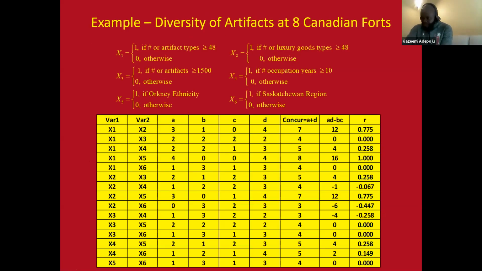Based on the data set that we have, I showed you last week how you can actually compute the correlation. And I told you that concur is just A plus D. And that is what we mean by concur. Why do I say concur?